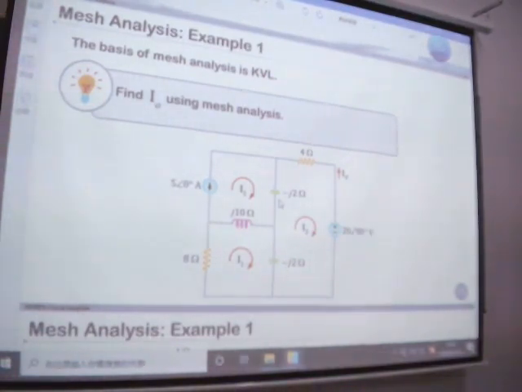If we want to use the mesh analysis, we write out the mesh current firstly, right? For this one, we have 3 meshes. So we put mesh 1 here, and mesh 2 here, and mesh 3 here. And this one is a very, very easy one, right? Because we don't have the dependent source inside.